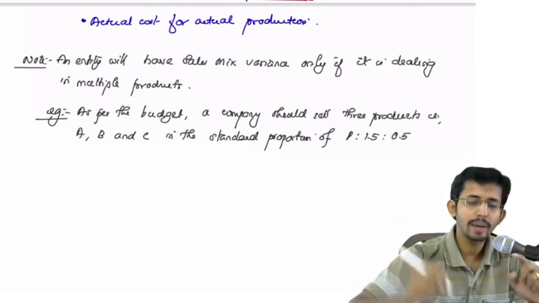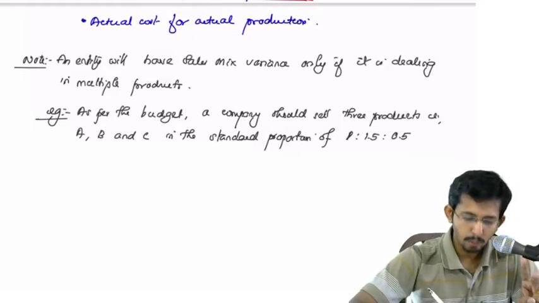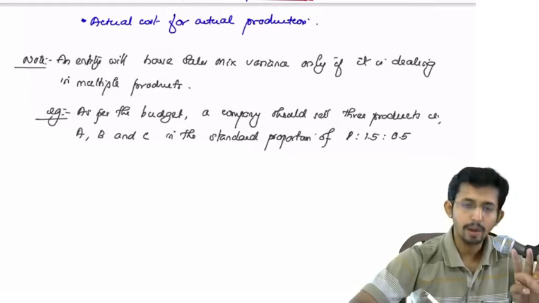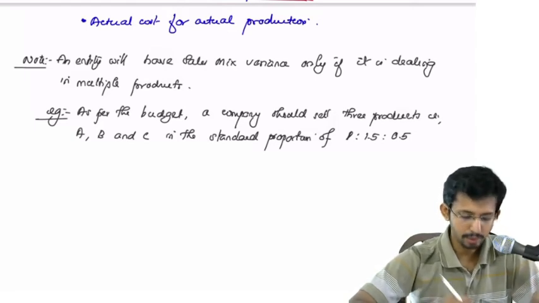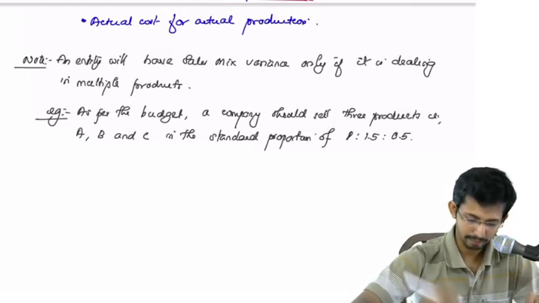That means when 3 goods are sold, 1 good should be product A, 1.5 goods should be B, and 0.5 goods should be C.